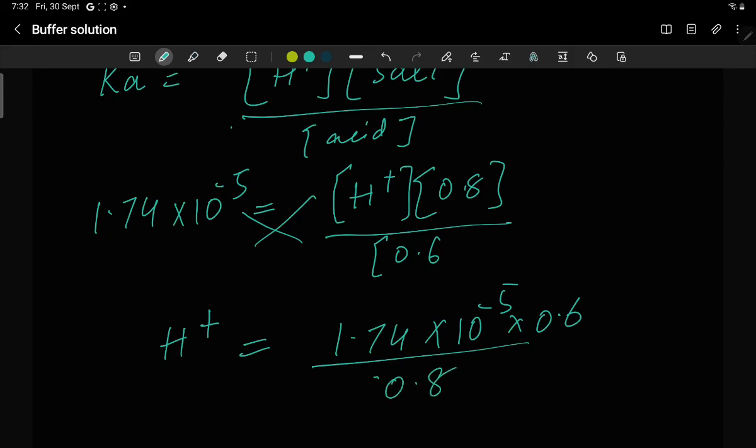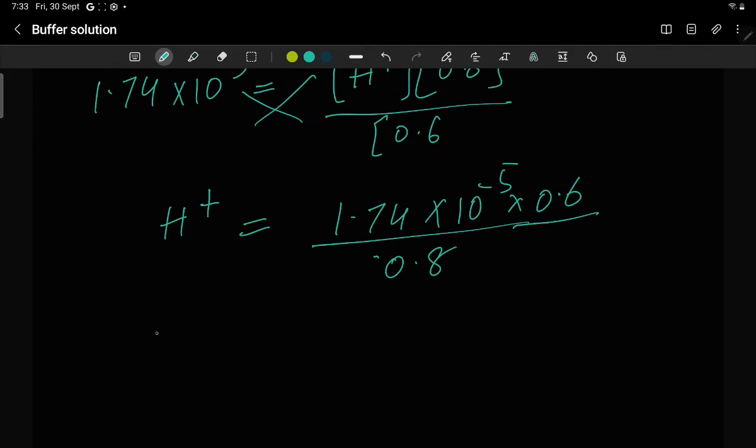So let's calculate. H positive is equal to 1.305 into 10 raised to minus 5.